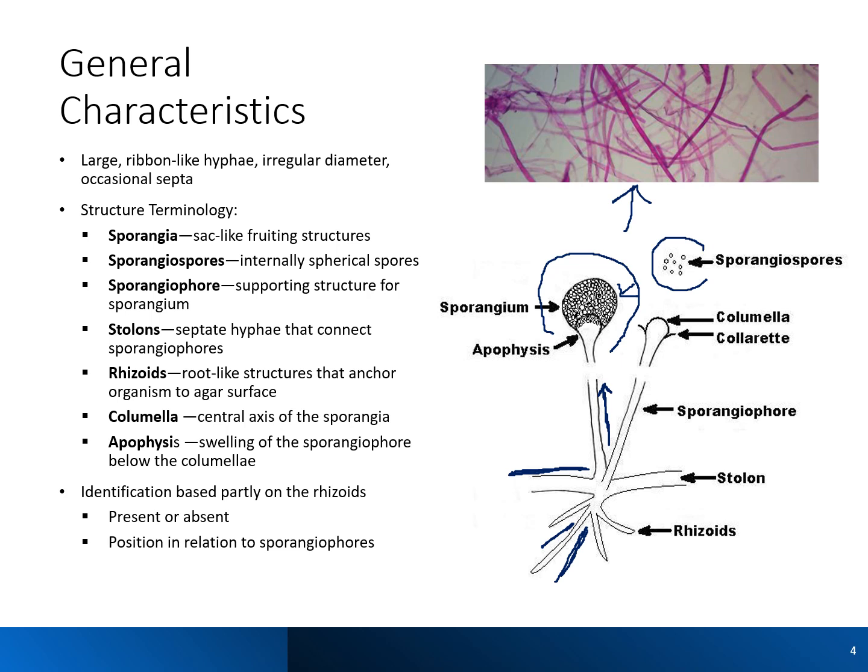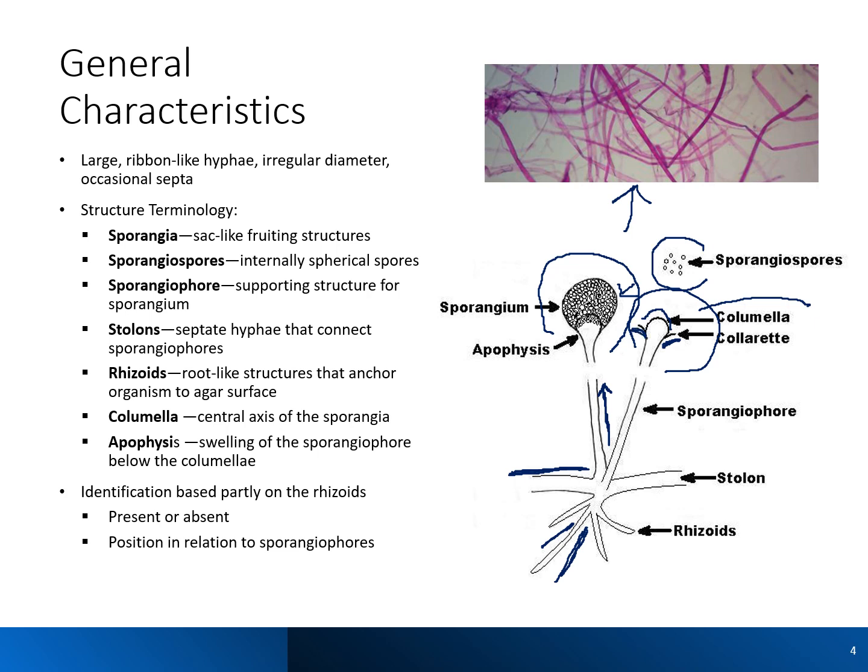The columella is right here, which is the structure that comes out of the sporangiophore. So it's what basically this whole sporangium forms around. And the collarette is sort of like a little collar, so you can see that structure sticking off here.